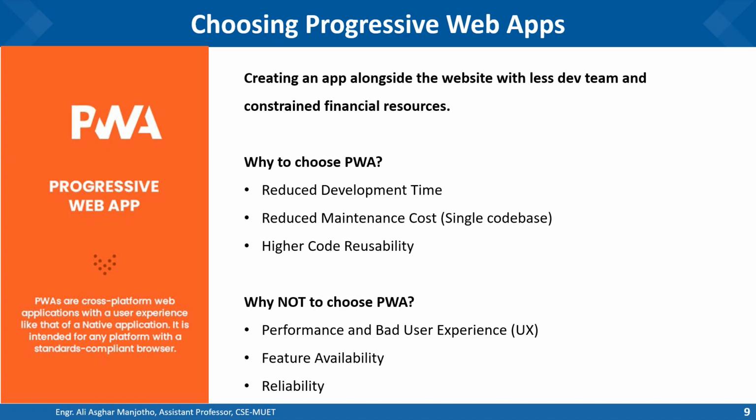And also the feature availability is a very important factor in this case. Most of the new features will not be available to PWAs. If a new feature is added in a new version of the Android operating system, it will take time to be included in the PWA technology.